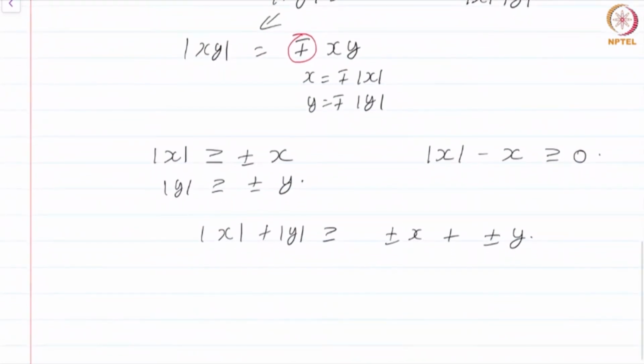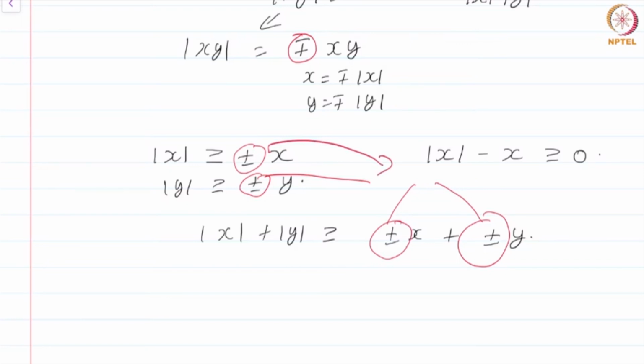For brevity's sake, I am writing mod x plus mod y is greater than or equal to plus or minus x plus or minus y. Here I mean irrespective of what combination of the plus or minus signs you have for x and y, this inequality is still true. So in these four places, you should take it as any of these signs are allowed.